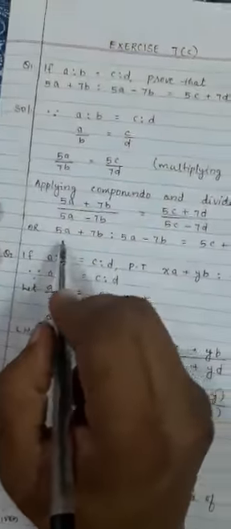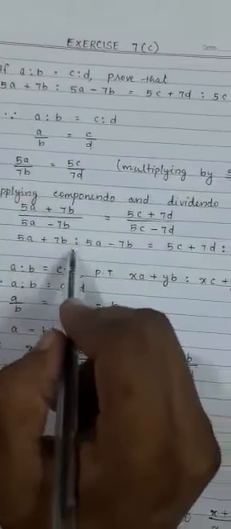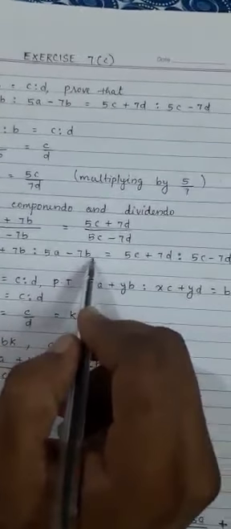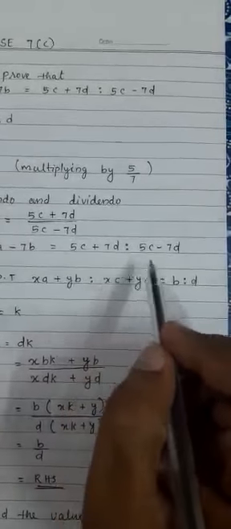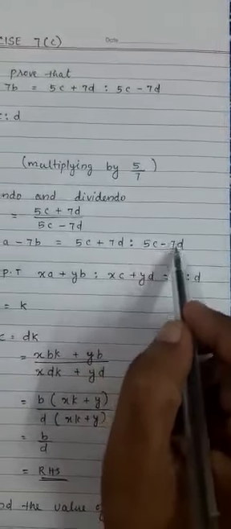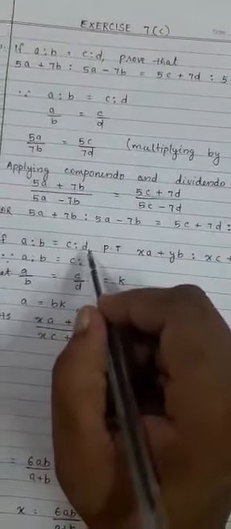That is 5A plus 7B is to 5A minus 7B is equal to 5C plus 7D is to 5C minus 7D. Hence proved.